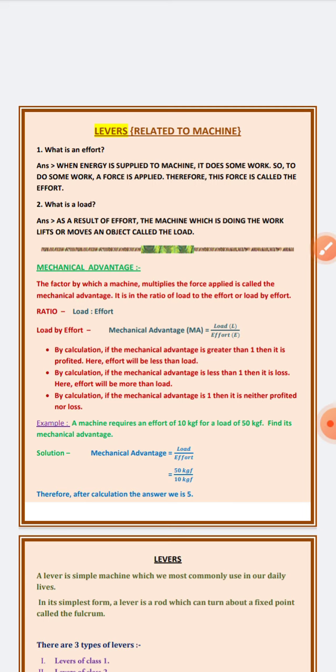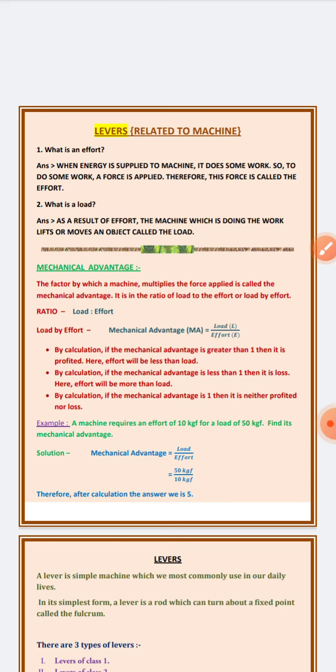To do work on a machine, the energy we put in is known as the effort, and the output we get is known as the load. Here output means the result or the work done by the machine. So effort is equal to input, and load is equal to output.